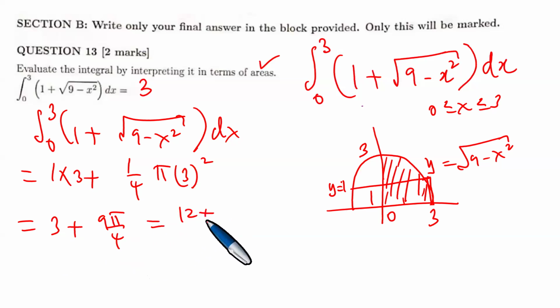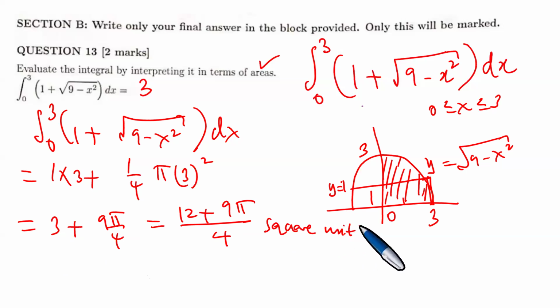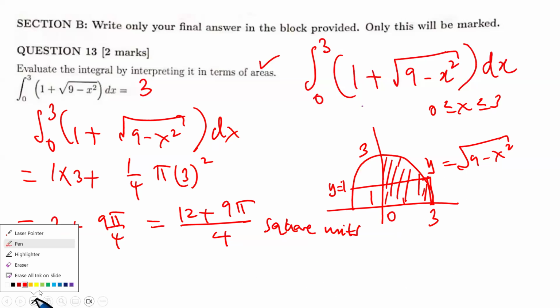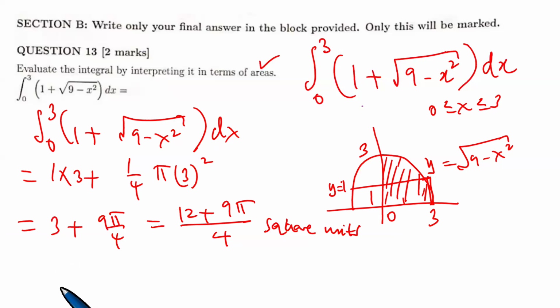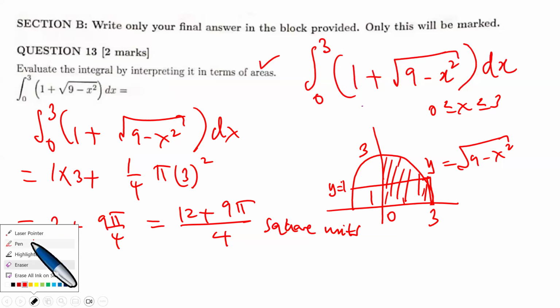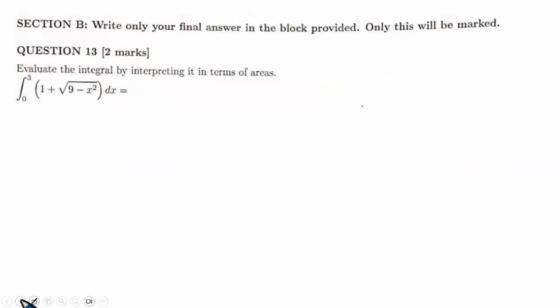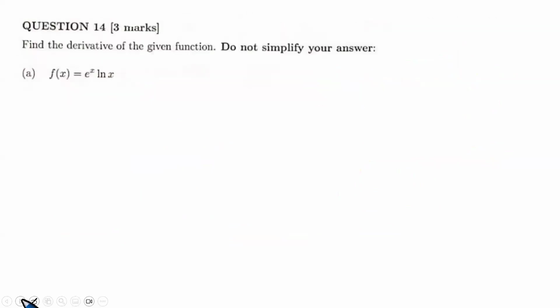And this is 12 plus 9 pi out of 4, and that is the result in square units. So it would have 3 plus 3 for the rectangle, and then you add the other area there, which is the area of the required quarter circle.